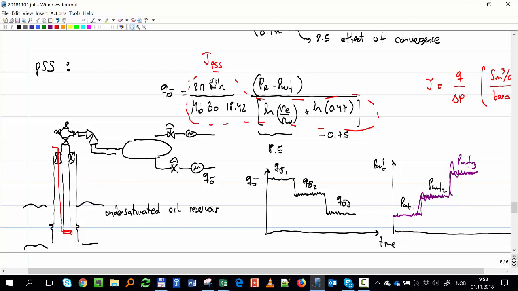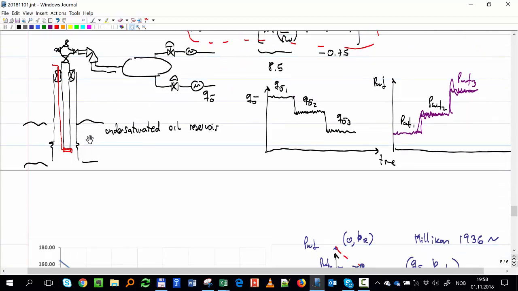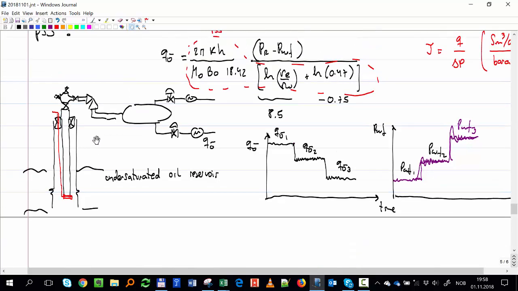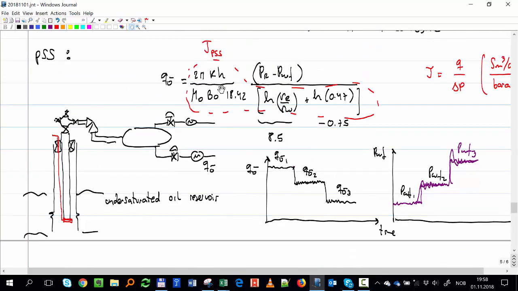But the biggest uncertainty really is on the reservoir, okay? What is RE, the extension of the reservoir? What is the permeability? Maybe you measured in one place, but you're not sure if it's uniform along the reservoir. And also the H, the height of the reservoir. Maybe the geometry is not exactly radial, okay?